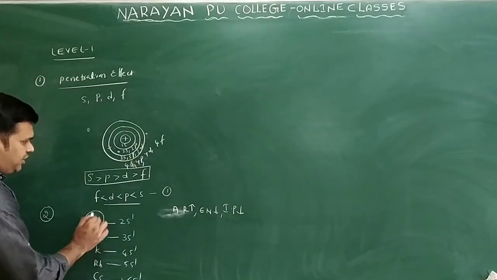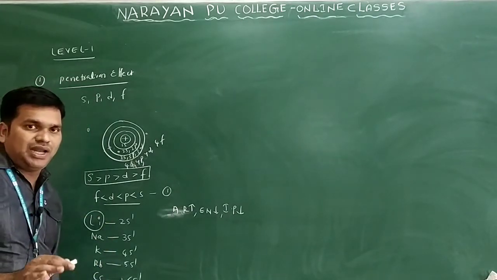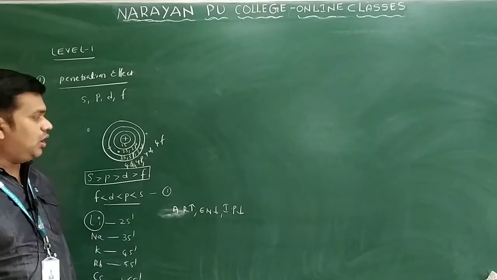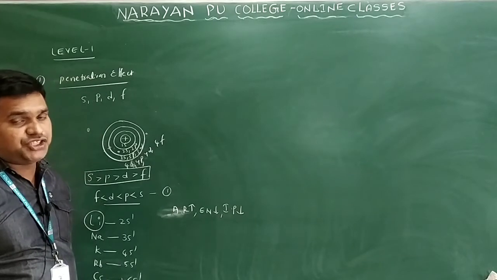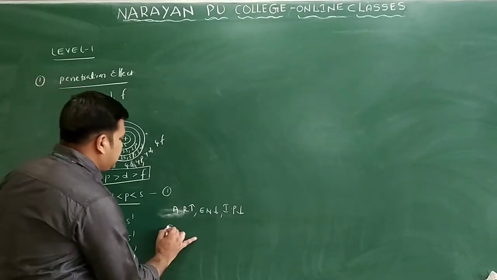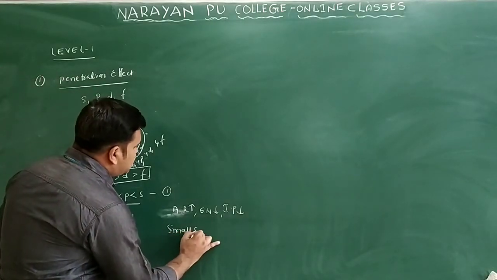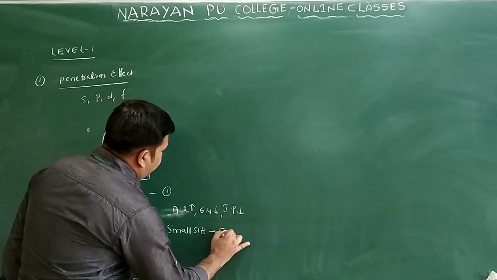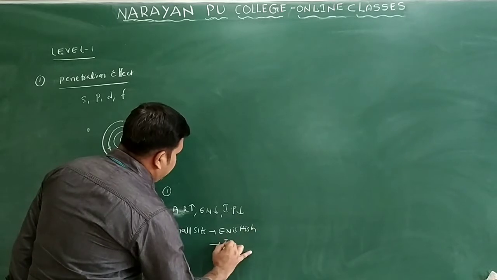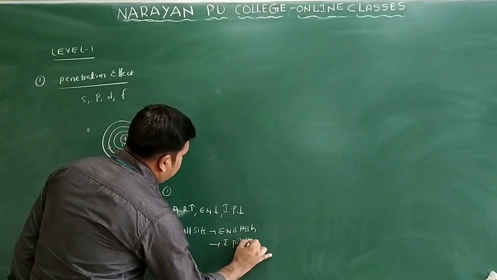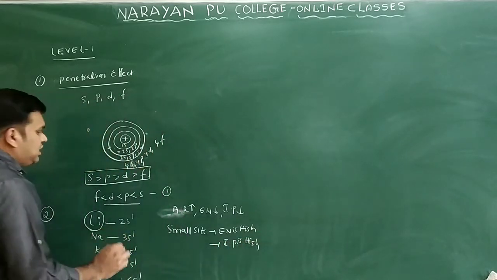The first element has the smallest size. If the size is smaller, it has more electronegativity and high ionization potential. Small in size means electronegativity is high and ionization potential is also high, for the first element only.